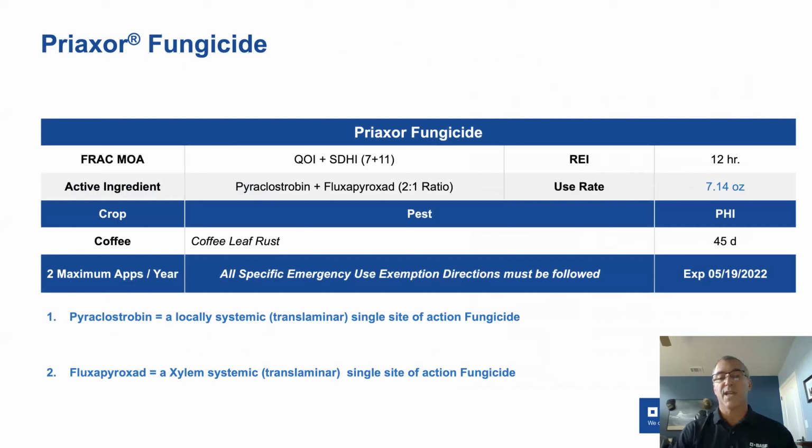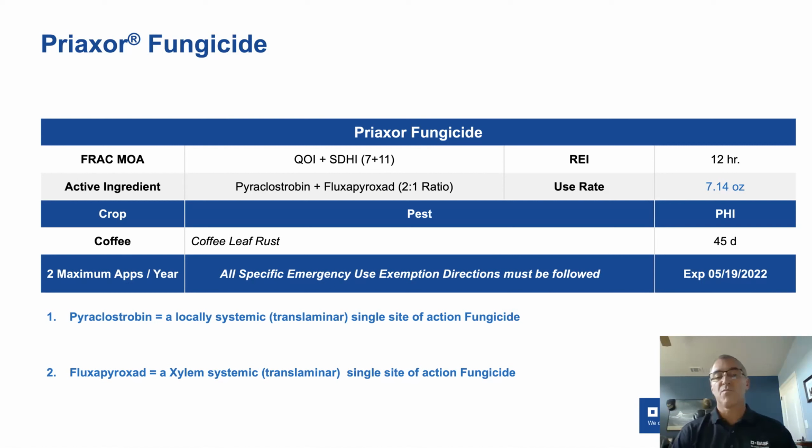So let's look at Priaxor specifically. It's 2 compounds in one product, and one of these compounds is called pyraclostrobin. This is a locally systemic product. So if you have a spray droplet on the plant, it will move a little bit outside of that spray droplet area.